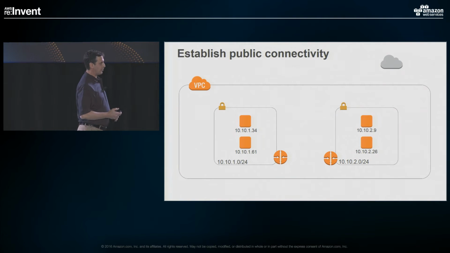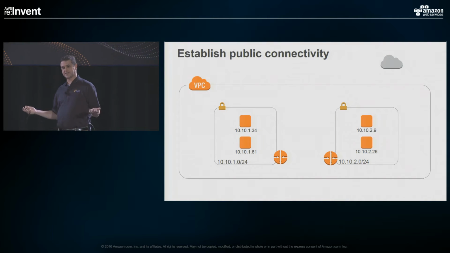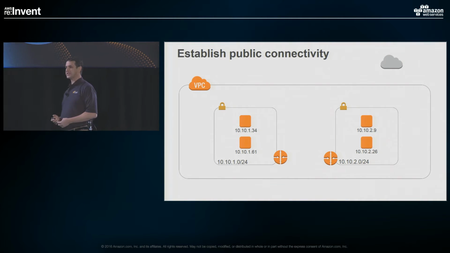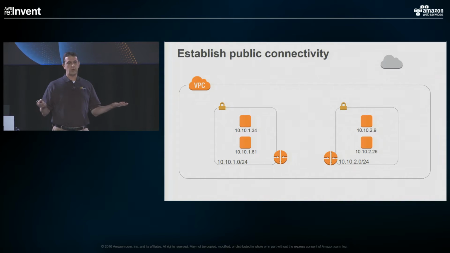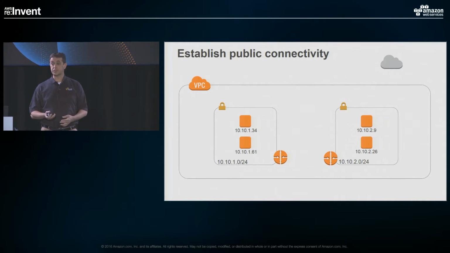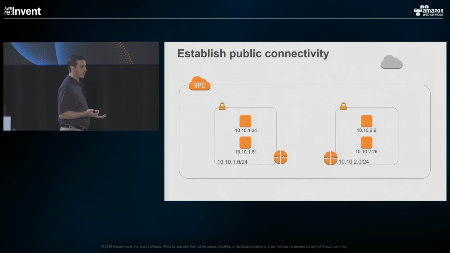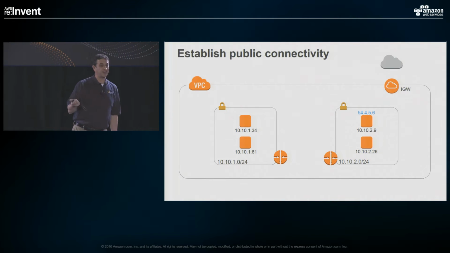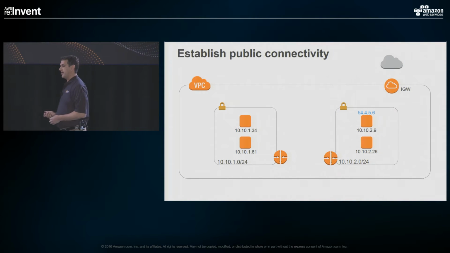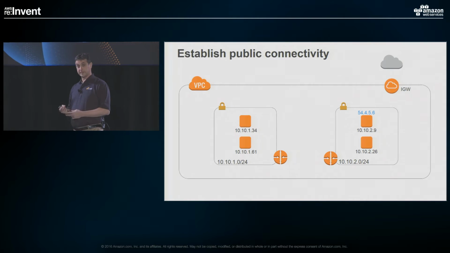All right, now that we have our VPC subnets and EC2 instances in this virtual private cloud, we want to make use of this network and expose, for example, your web applications to the outside world. Now, this is where the concept of Internet Gateway comes in. Let's quickly talk about it.